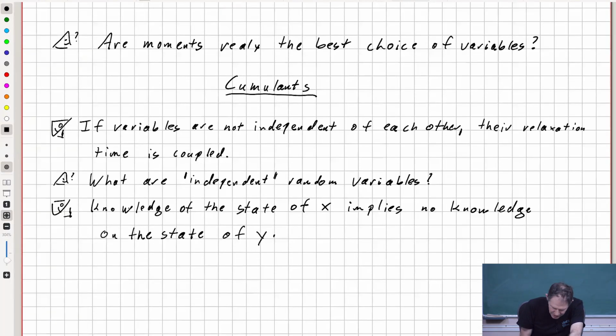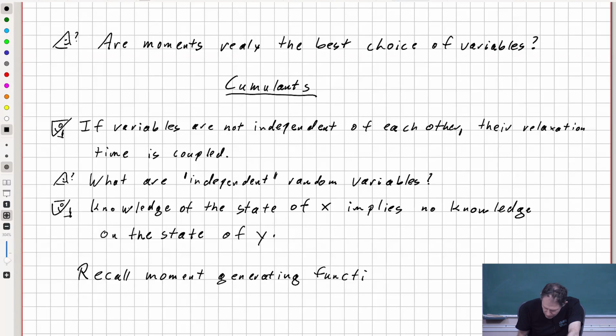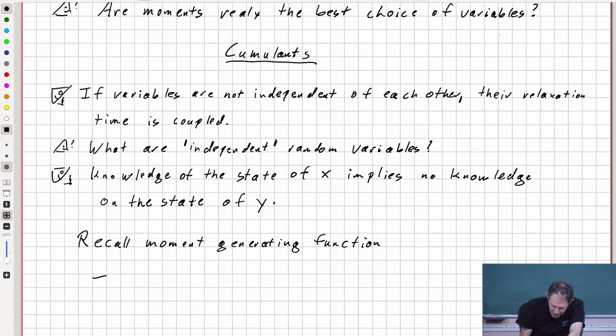So let us, to see how we get there, let us recall the moment generating function, in its original definition. This was the bidirectional Laplace transform.